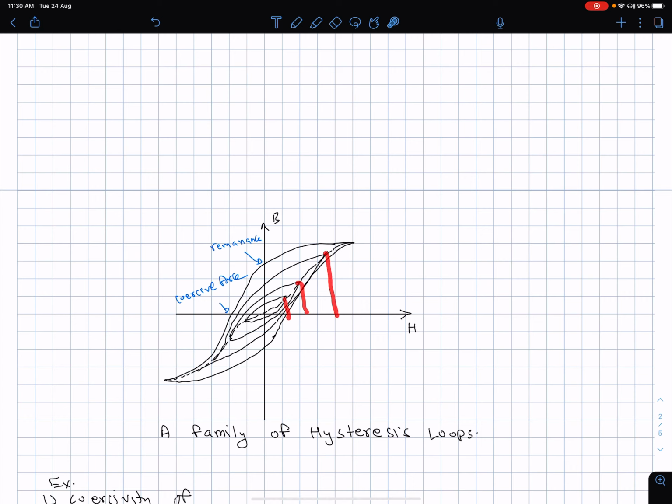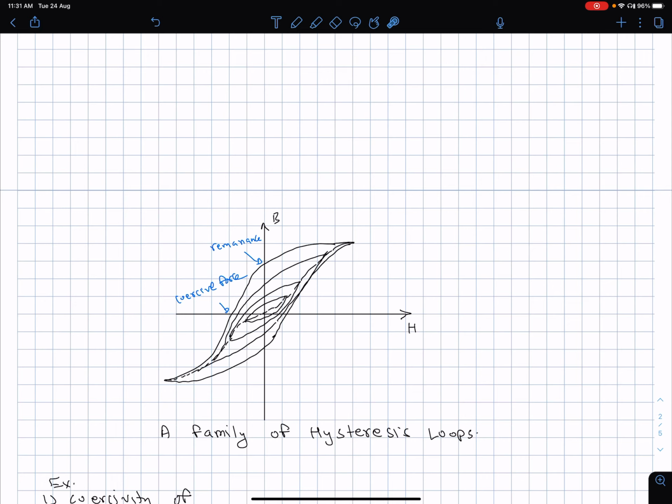As the voltage is increased, with V equal to N d phi by dt, when Vm increases on a sinusoid, the phi m also will increase. So the Bm will also increase. And so what you see is bigger and bigger hysteresis loops are traced until the core starts hitting saturation. Here is when it saturates.